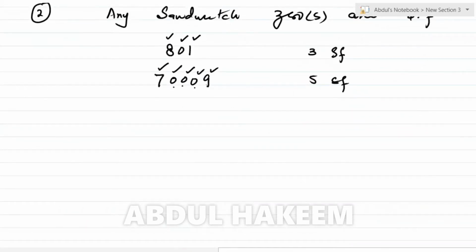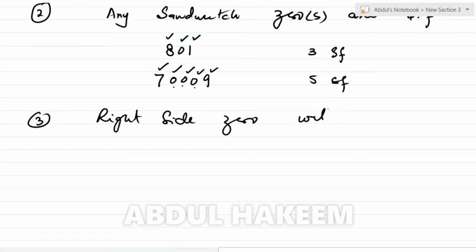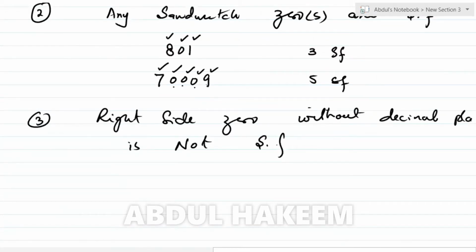And number 3 rule is right side 0 without decimal place is considered not significant figure.